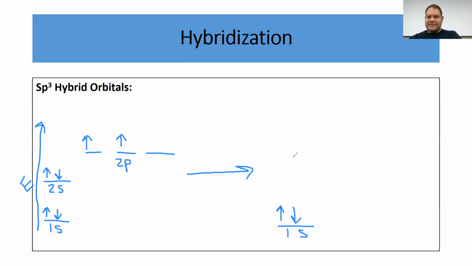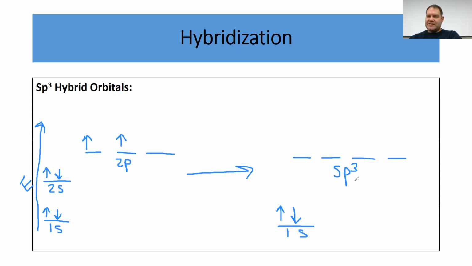And then you create four hybrid orbitals that are known as sp3, okay? All four of these are specialized sp3 hybrid orbitals. Again, we call them sp3 because it's a mixture of one s orbital and three p orbitals, okay?